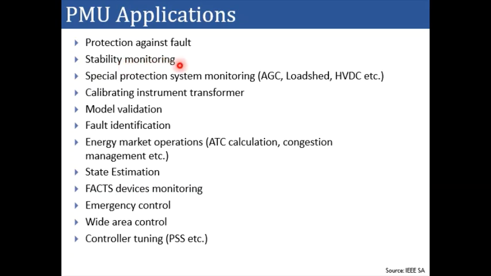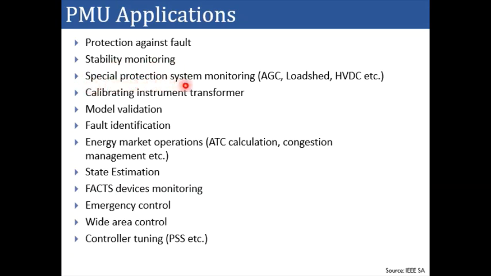Stability monitoring. Since the angle information is given by PMUs in almost real time, we can trace the angular variation of various buses, and immediately if we figure out any angular separation beyond a particular limit, we can take action to save the system from any stability issue.